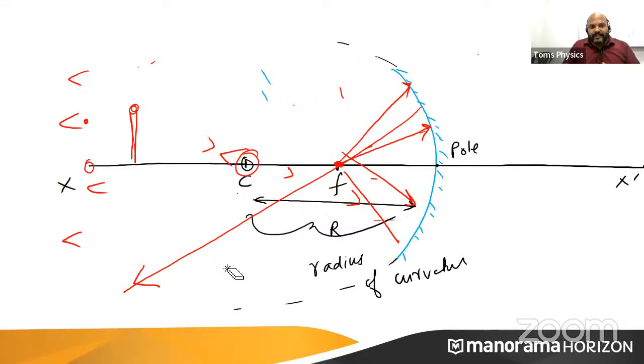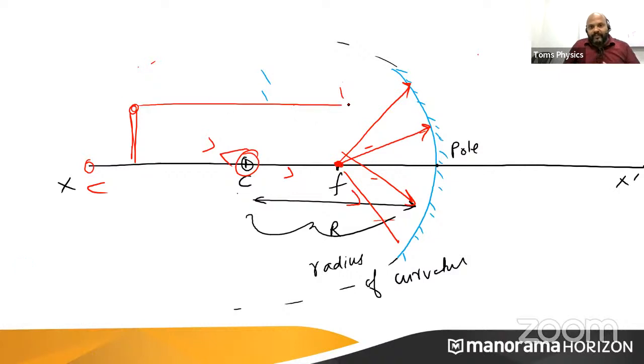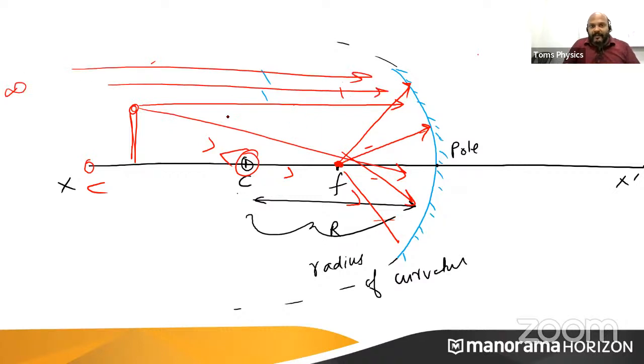Now, if the object is beyond the center of curvature, what happens? If we again pick two rays coming from this object, we notice that they are not parallel now. Earlier, when the object was at infinity, the rays were parallel. Now they are forming an angle. So these two cases are not the same.